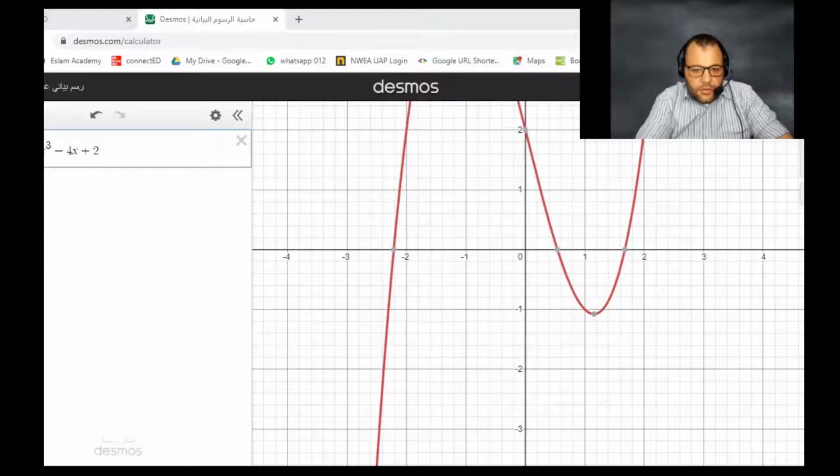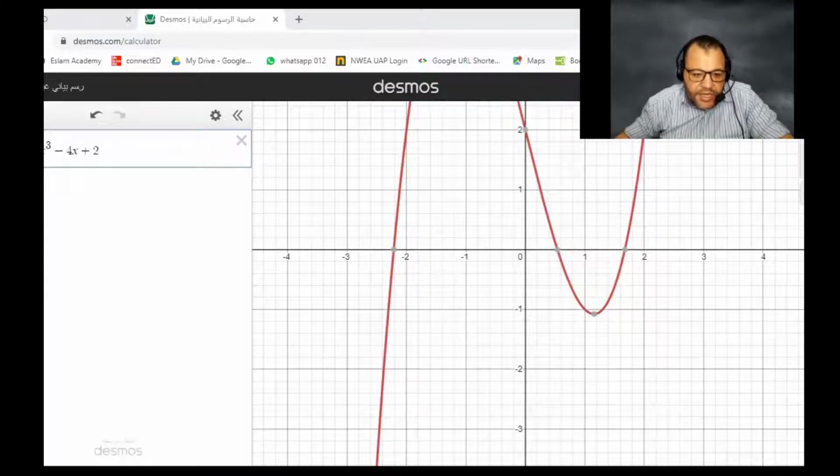Isn't it because we only checked from negative 4 to 4, so we didn't focus on 1 and 2? But there is a 0 between them. We have a negative here, and a positive here.